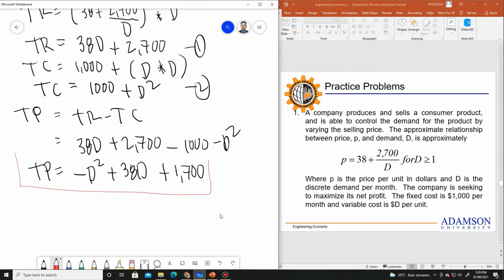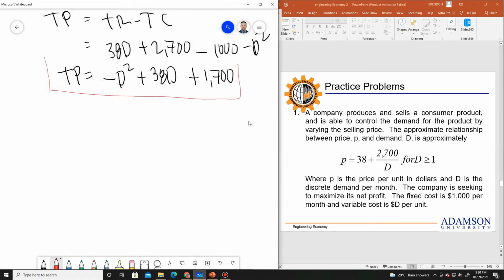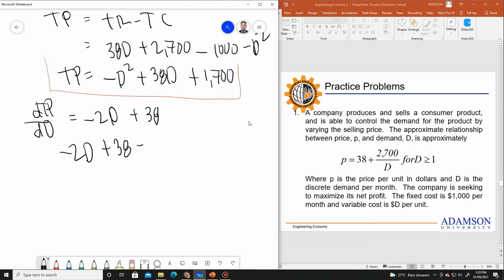To get its maximum profit, we will get the derivative of this equation and equate it to 0. So the derivative of TP with respect to D is equal to negative 2D plus 38. Equating this to 0, negative 2D plus 38 equals 0.